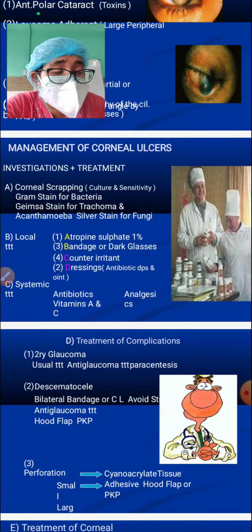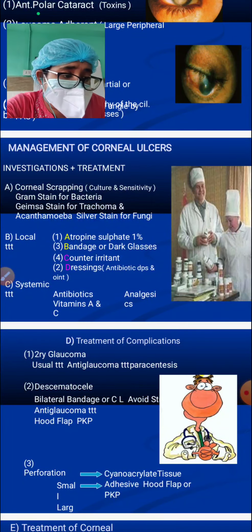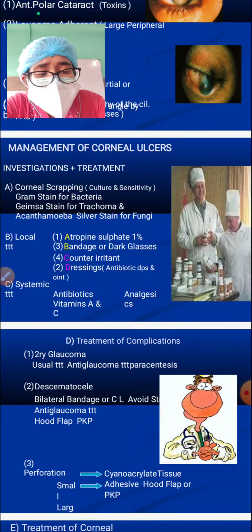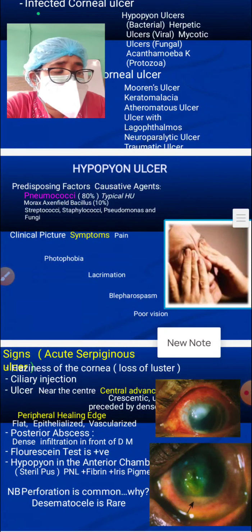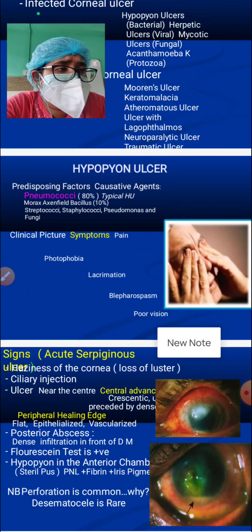To differentiate from other conjunctivitis, you will find Horner-Trantas spots along the limbus. These are nothing but raised whitish tissue dots around the limbus.